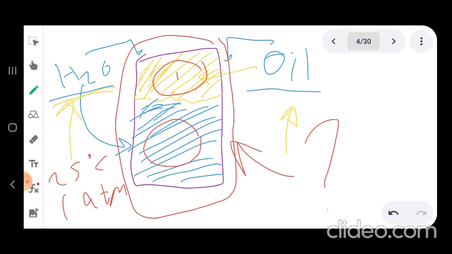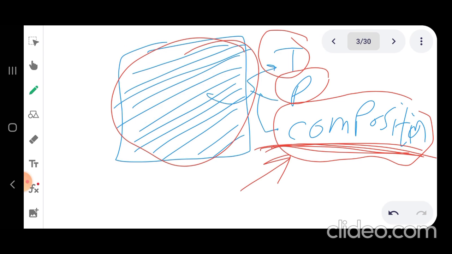Let's say this is point 1 and this is point 2. At point 1, it is almost all oil, maybe with some small traces of water. But at point 2, it is mainly water, with maybe some traces of oil. So you can see here that we violate the third restriction.